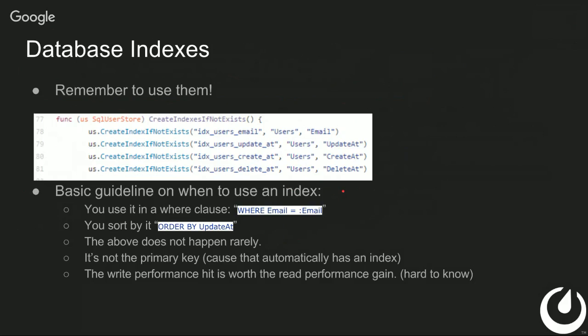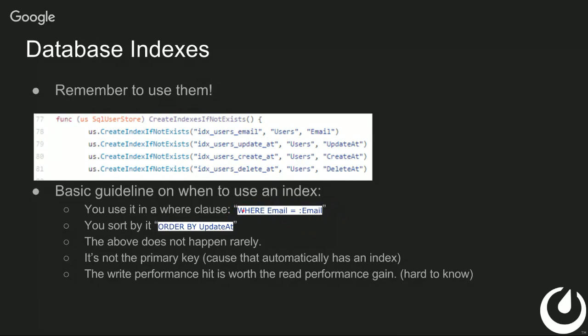Now, you might be wondering, when should I use an index? An index in a database is trading write performance for read performance. So you should use it whenever you have a where clause and you're selecting by that column.